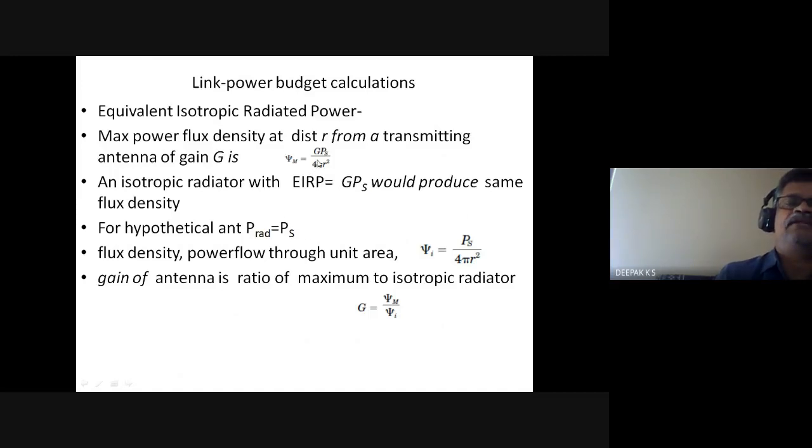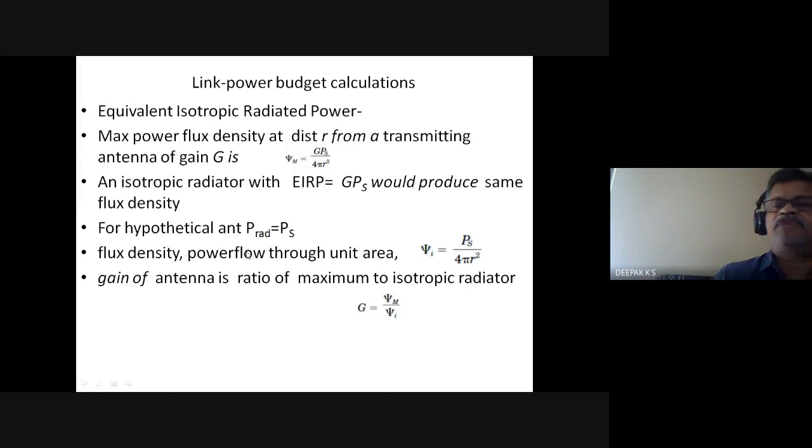And then, so we have gain G and PS is the power radiated, then that power into gain divided by 4 pi r square, where r is the distance from the transmitting antenna, would be the maximum power flux density.